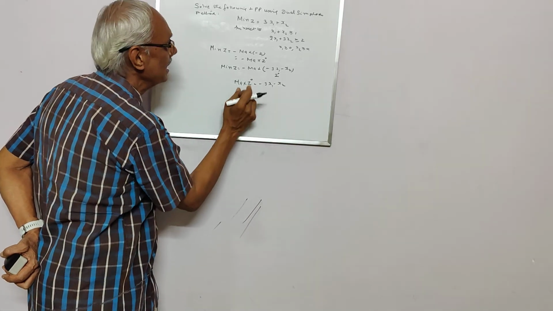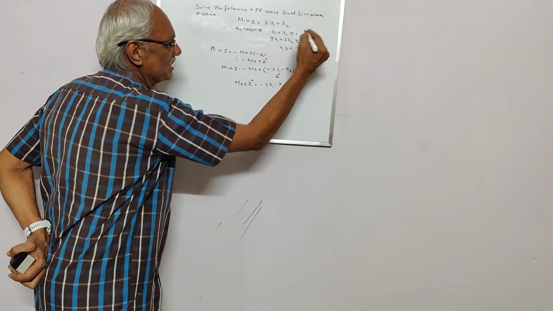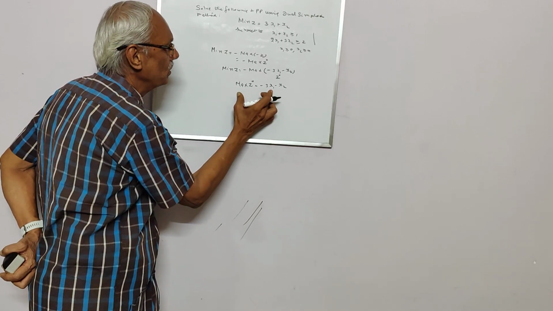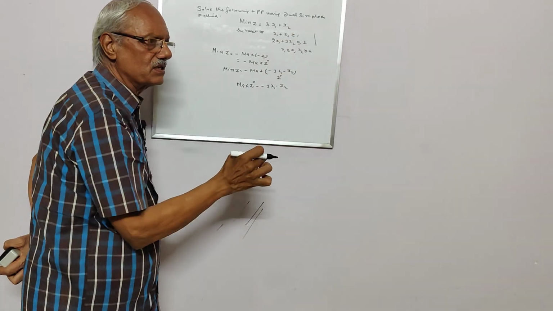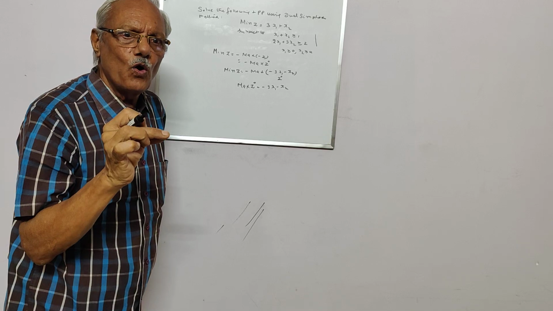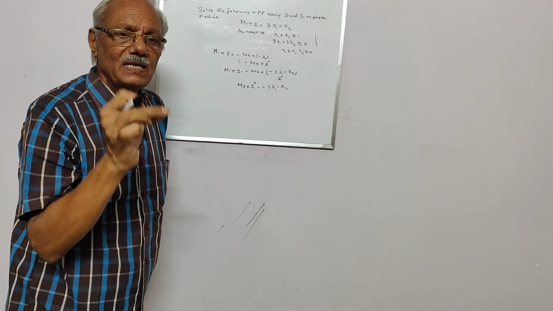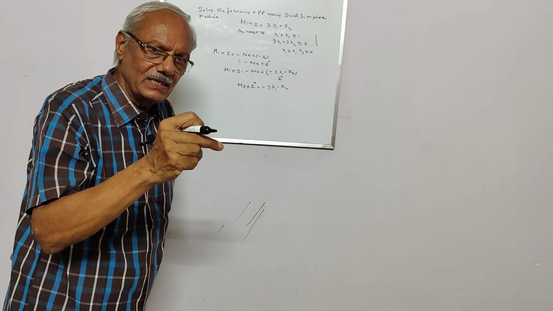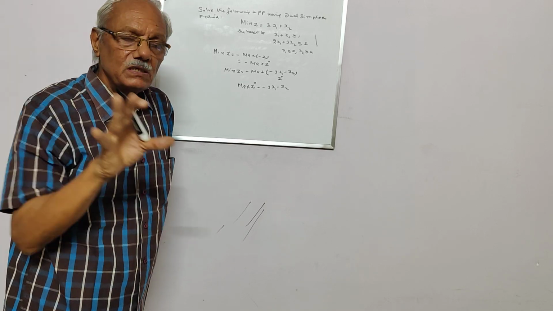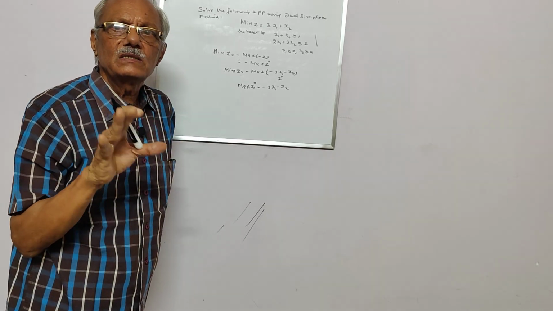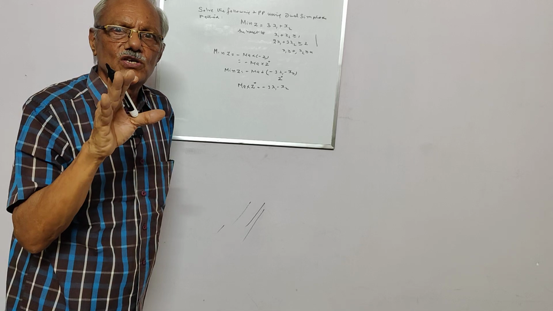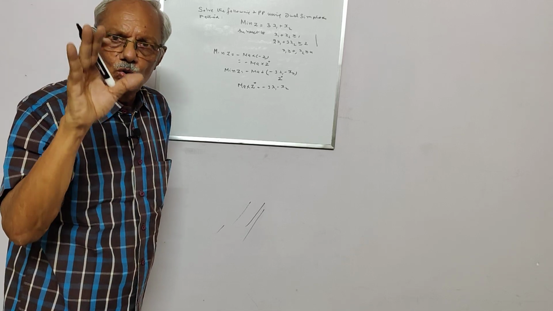Solve this equation subject to the same constraints. Get the value of the maximum, multiply that by a minus sign, and you will get your minimum. So this is the procedure to do this particular problem.